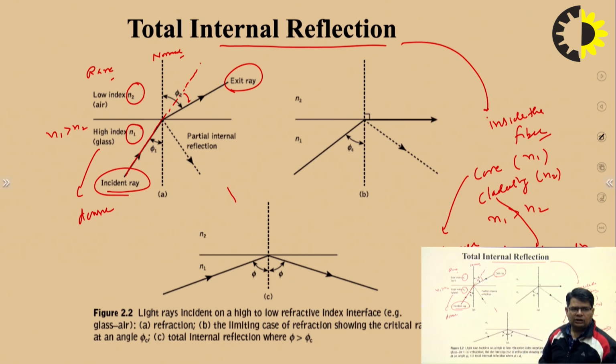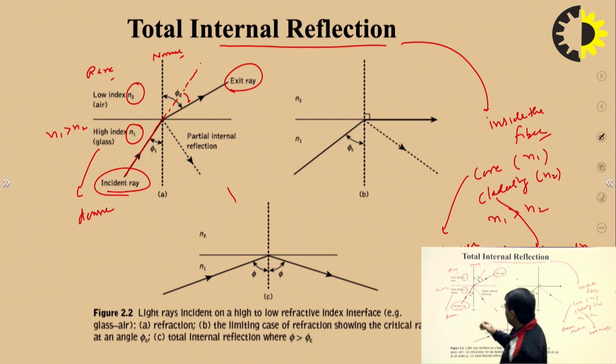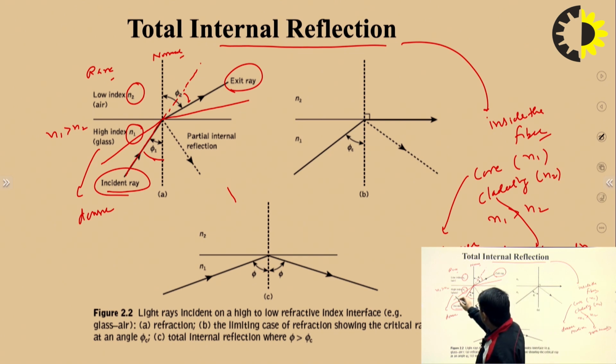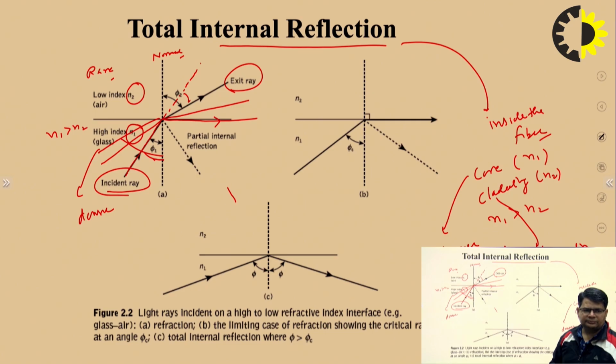Now this is the angle of incidence. If we increase this angle further, then this ray will bend more away from the normal. There will be a stage when the angle of incidence will be such that the exit ray will be at the core cladding interface.